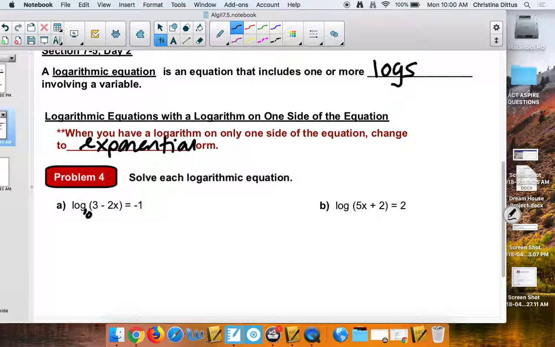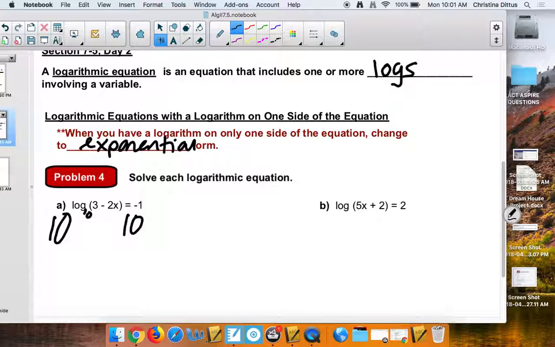So we take 10 to the power of log of 3 minus 2x, and whatever I do here, I have to do here: 10 to the power of negative 1.